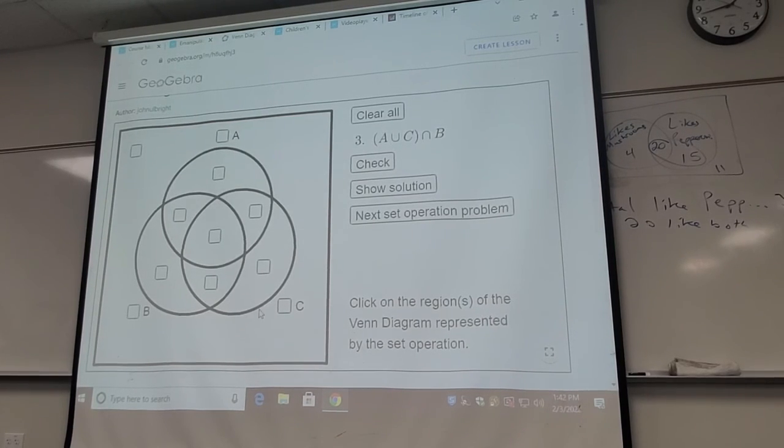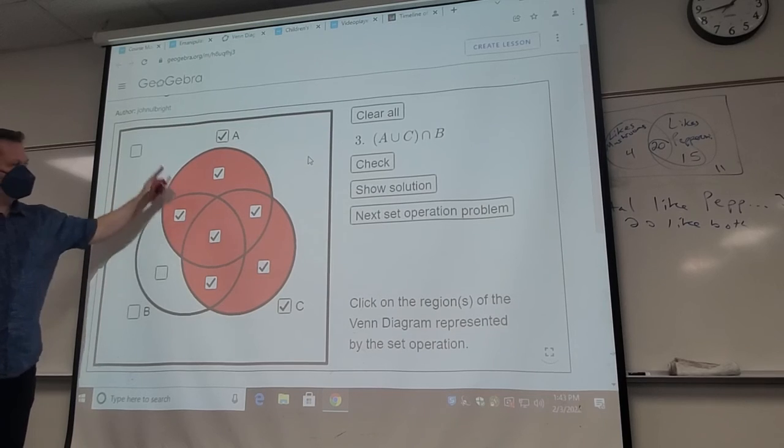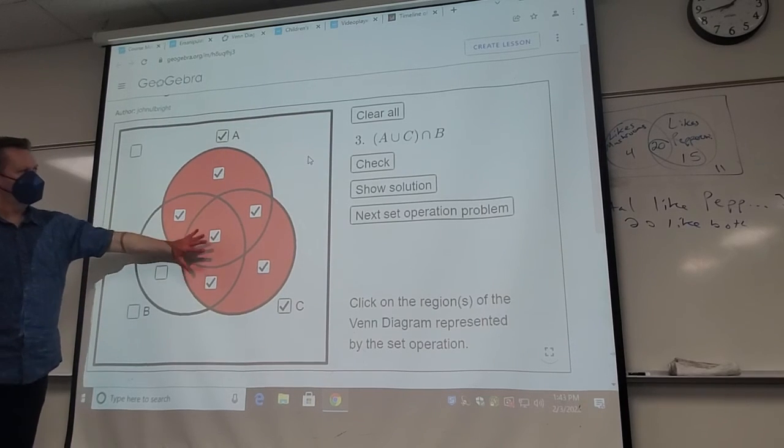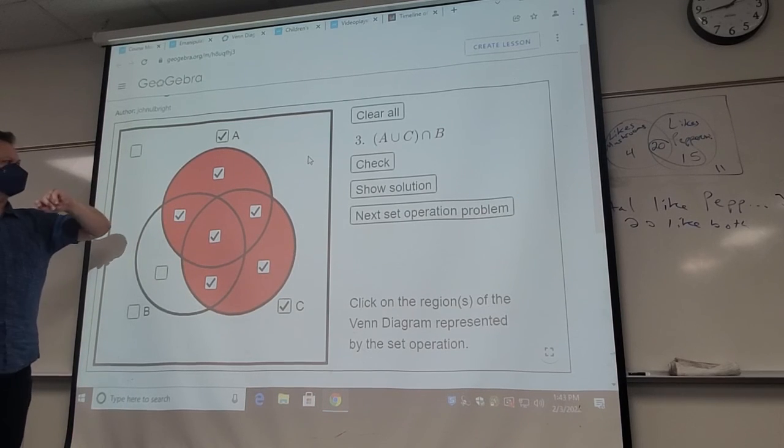A or C, which would be, let's just set that up. That's A or C, right? But now it's got to be and B. So it sort of looks like the one I just did a minute ago, right? Which ones would I uncheck? So it's got to be A or C, which is the red, and B. So which ones do I throw out?